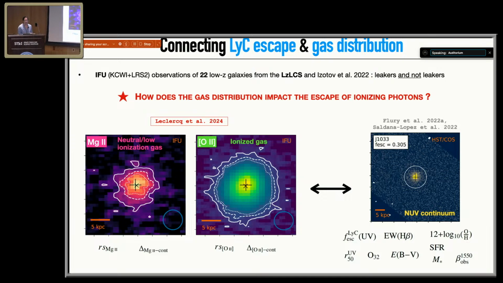The goal is to connect those spatial nebular properties with the known properties from the LzLCS survey, especially the Lyman continuum escape fraction.